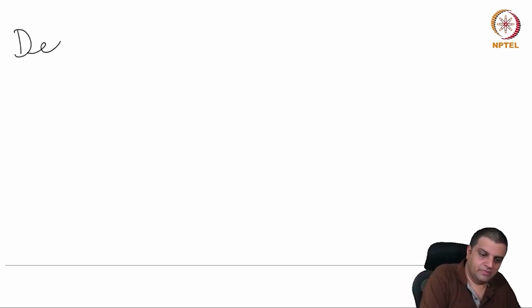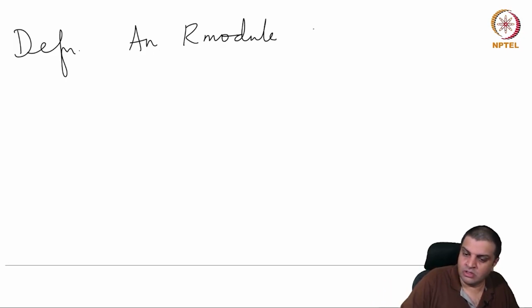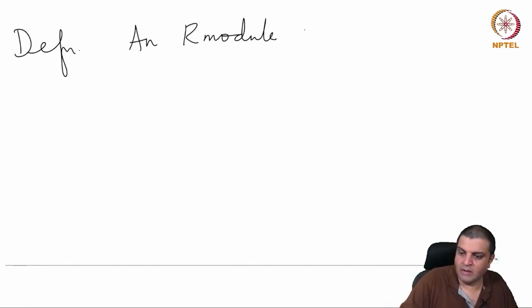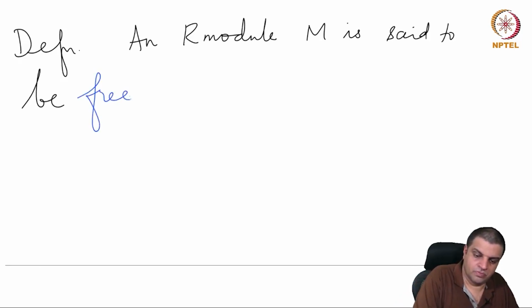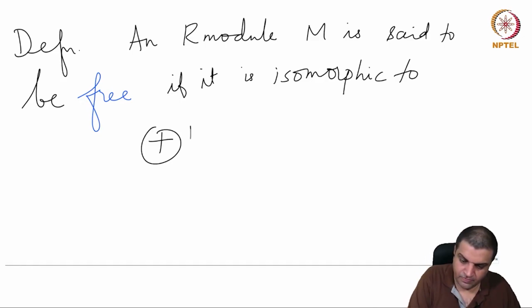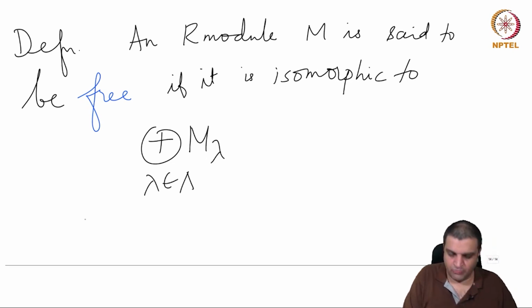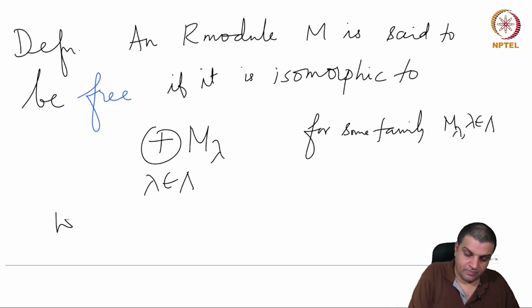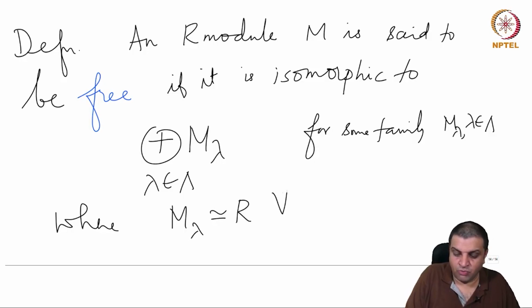Okay, definition. An R module M is said to be free if it is isomorphic to a direct sum of M lambda, lambda in Lambda, for some Lambda, where M lambda is isomorphic to R for all lambda in Lambda.